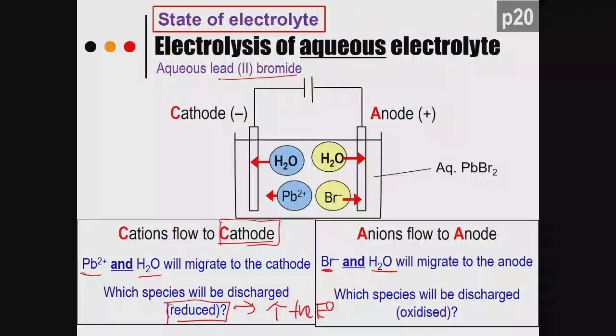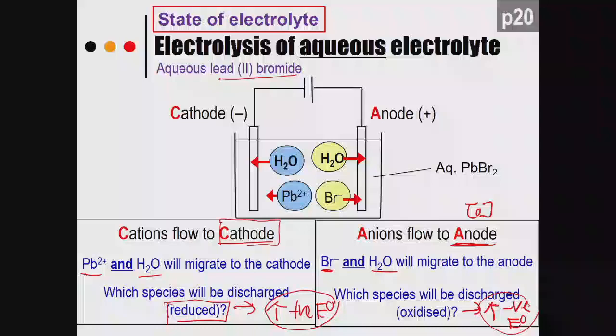How do I know which one is discharged at the anode? Remember, at the anode, oxidation occurs. How do you decide which one is oxidized? You look for the one that has the more negative E0 value. So you can write this down: look for more positive, look for more negative. We compare their electrode potential.